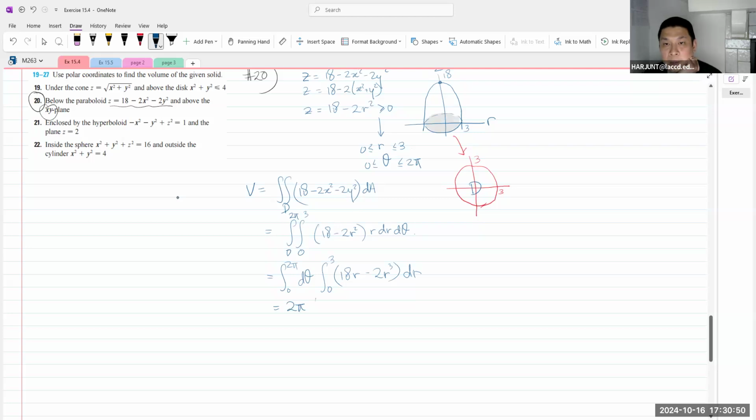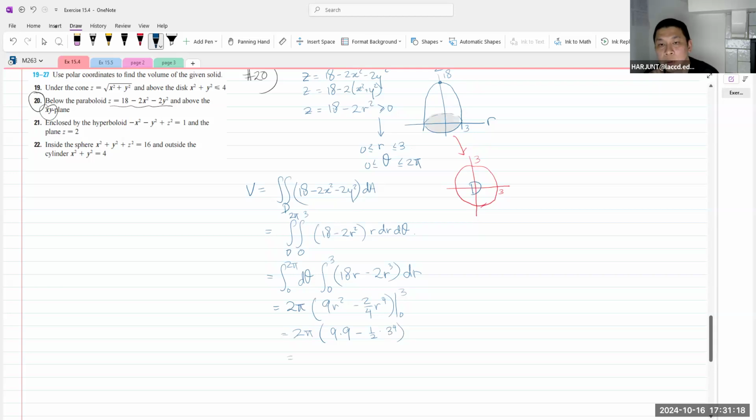Times 18 divided by 2, that's 9r squared minus 2/4 r to the 4th, from 0 to 3. That's 2 pi times 9 times 3 squared minus 1/2 times 81. 3 to the fourth, that's basically 81 over 2.